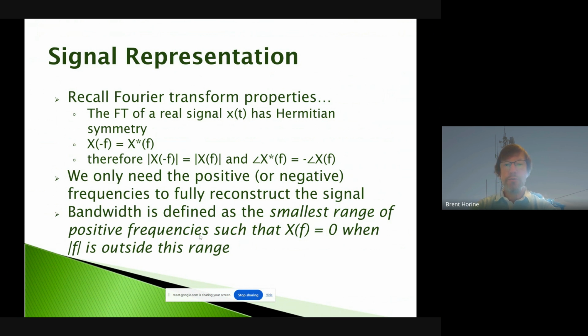Recall that we can use a Fourier expansion to represent signals in terms of a basis function. Typically, that's an exponential basis function if we're using a full Fourier series expansion, where each of the exponential terms will have a different frequency and also a different amplitude.